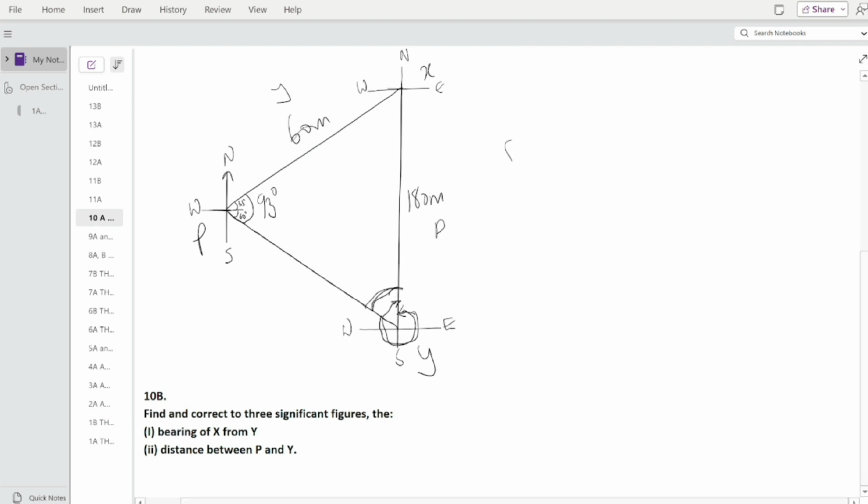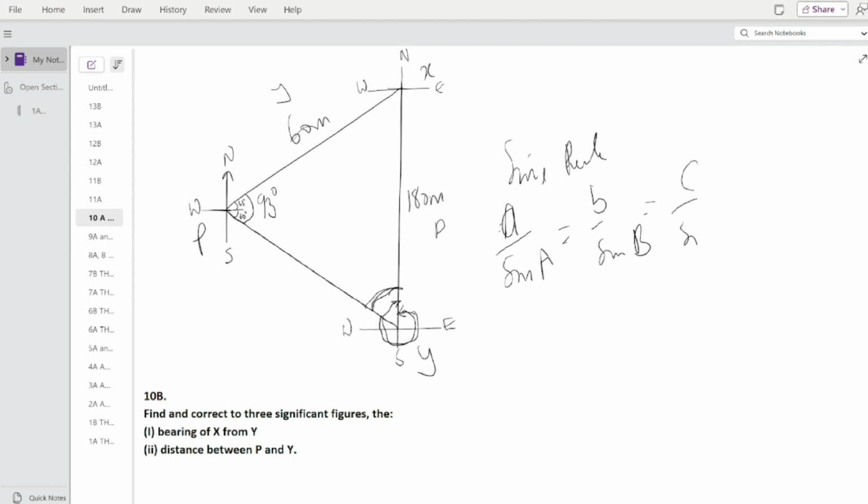And like said, the sine rule states that small a over sine A equals b over sine B, and we can extend it to c over sine C. So at any point we're solving a question, we can take any two. We can take these two, or we can take a over sine A equals c over sine C. Now we can replace this a with the value of our P, Y, and X.